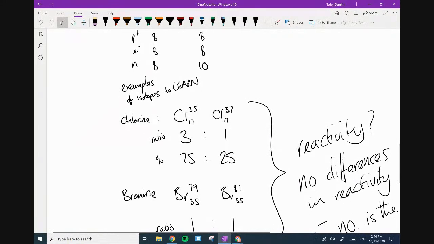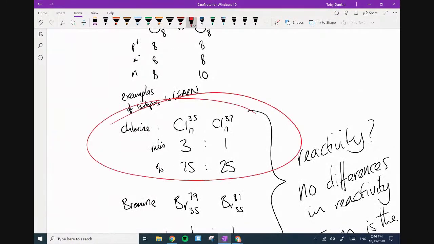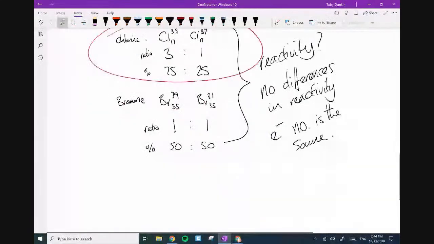You must know chlorine. I cannot stress the importance of knowing it. That comes up regularly on your Unit 1 paper. You should see the last one that was on the January paper. It was tough. They did a really clever trick. It was mean, but you had to know your chlorine because you had to draw your graphs.